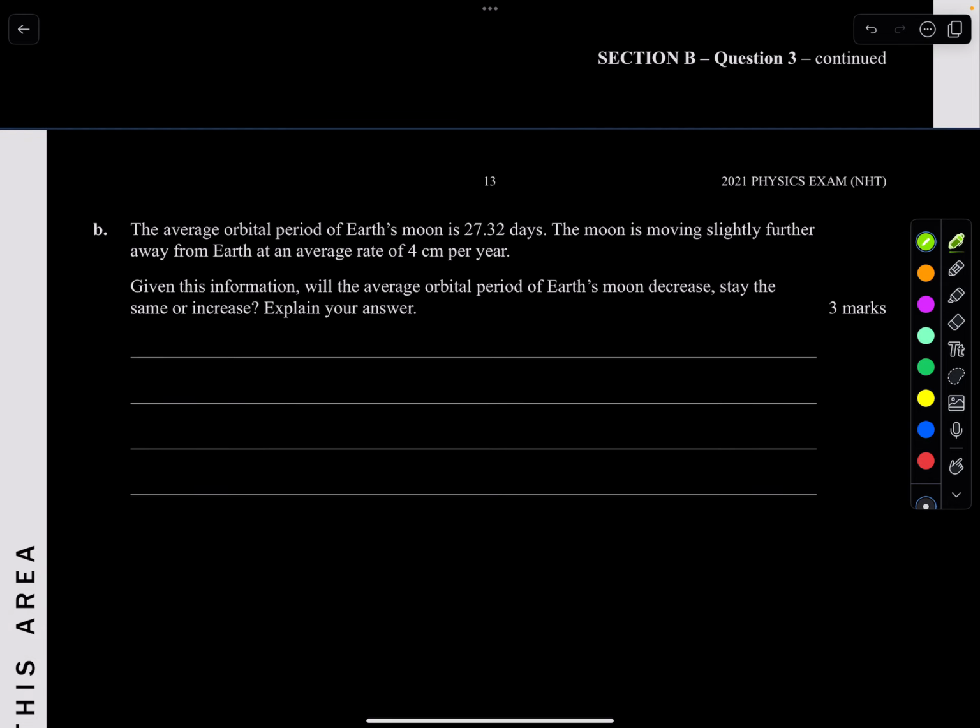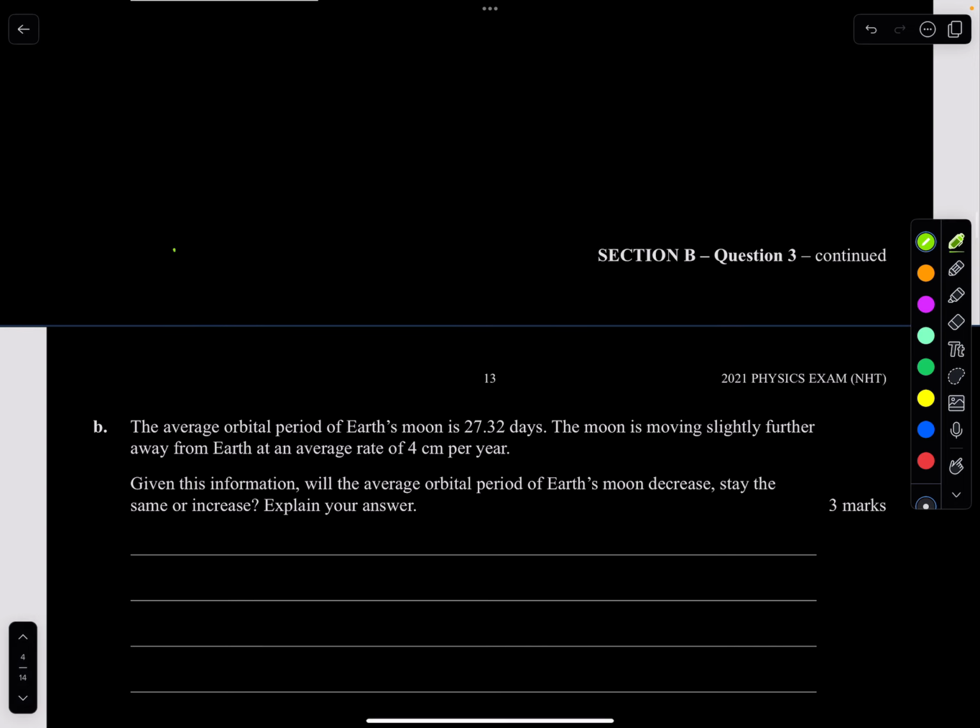Question B. The average orbital period of the Earth's moon is this. The moon is moving slightly further away from the Earth at an average rate of 4 centimeters per year. Given this information, will the average orbital period of the Earth's moon decrease, stay the same, or increase? Explain your answer. Alright, so what's happening is the radius is increasing over time. And so I would suggest looking at Kepler's law here.